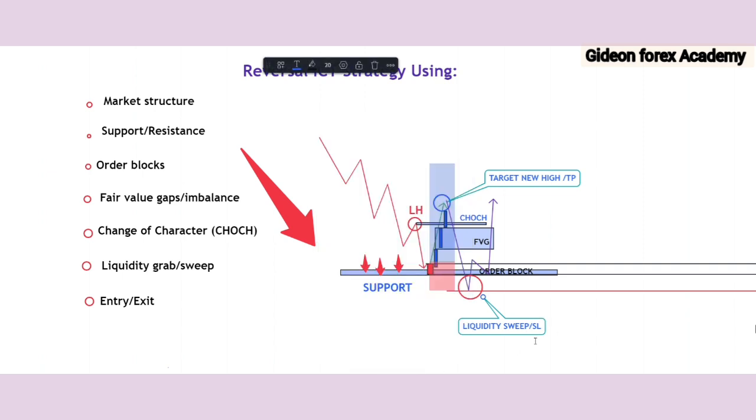Remember that after the sweep, after a long wick, below that wick or below the fake out is usually where you place your stop loss after you have confirmed a bullish engulfing here within the order block and supply zone. You place your trade after you have confirmed an upward movement is coming, like with a bullish engulfing candlestick pattern or three white soldiers or double bottom at this area.